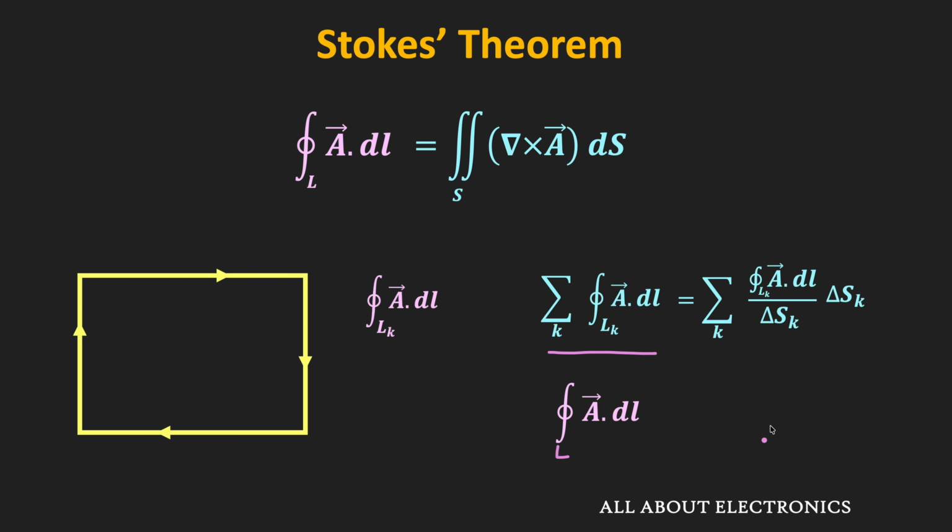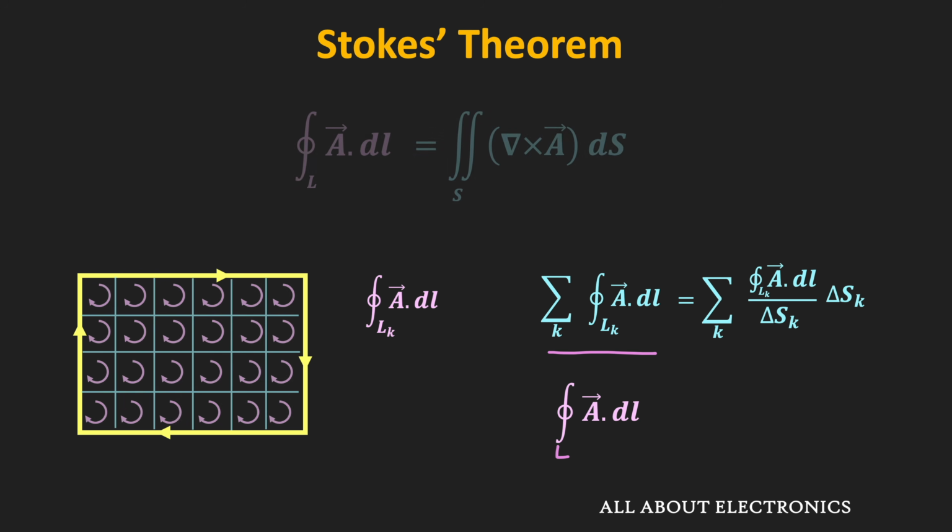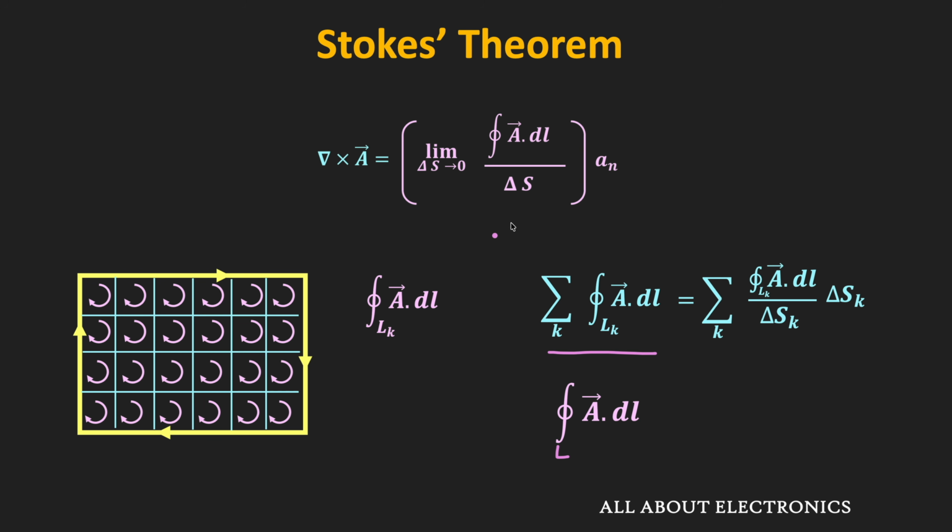Now on the right hand side, as per the definition of the curl, as delta Sk tends to 0, the summation will become the integration. Therefore this term is equivalent to del cross A, and delta Sk will become the differential area.